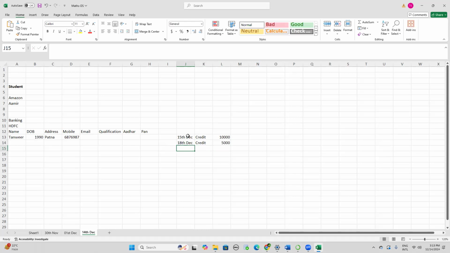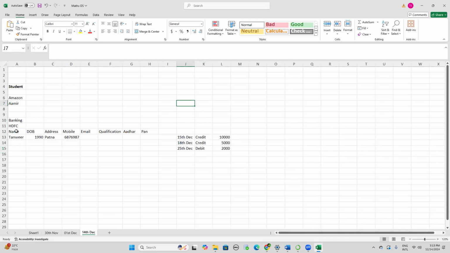Let's say 25th December, I have debited, let's say, 2000 rupees. So in a typical bank transaction, this is what happens, no? Credit, debit, credit, debit, credit, debit, right? And if you remember that cumulative sum example of the window functions which I have covered there, I have shown you how to find the net balance based on this only, correct?